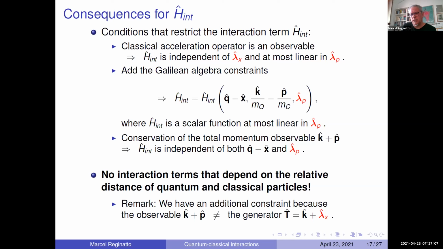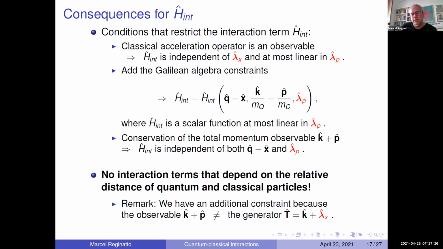It has to be independent of lambda x and can be at most linear in lambda p. If you then put this into the Galilean Lie algebra, you get further restrictions on the possible dependence of the interaction.